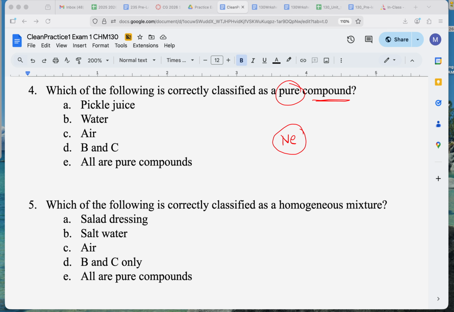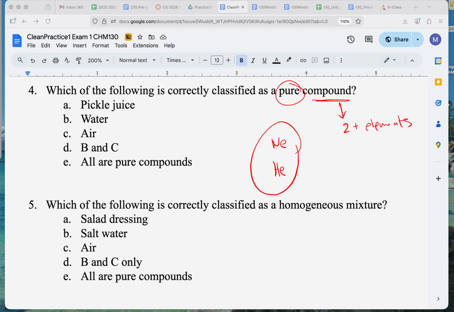Would I be able to call that a pure compound? Well, what's a compound? Two or more elements, which is then going to introduce kind of a new issue. Let's say I have that sample of neon, except now instead of it just being neon, I've got neon and helium.